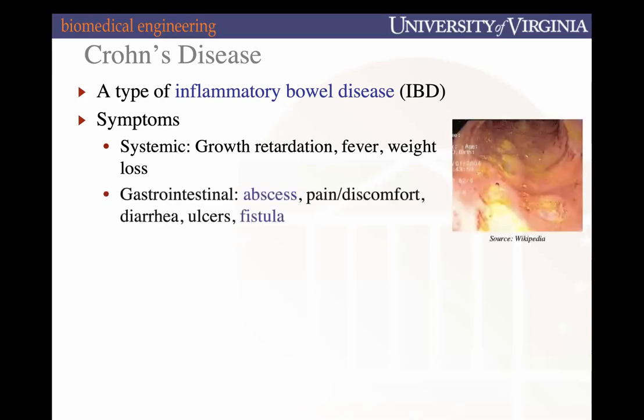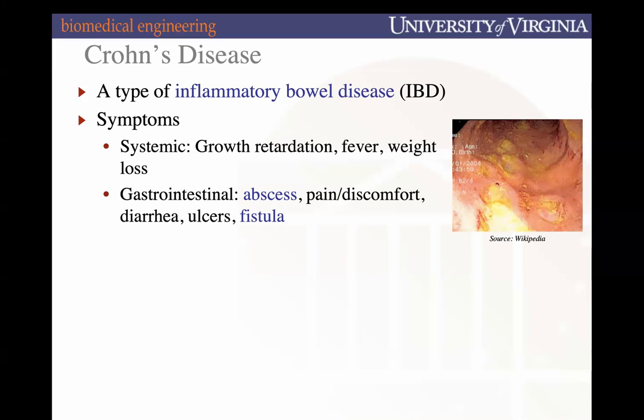The way in which this manifests on the GI tract is that there are abscesses on the intestinal wall, and these abscesses are pus-filled lesions. They're sites of severe infection, and it's pretty uncomfortable. It's pretty painful. For those of you who've had an abscess before, bless you. A lot of times people get them on their digits or on their limbs, but having it internally on your GI tract is incredibly painful.